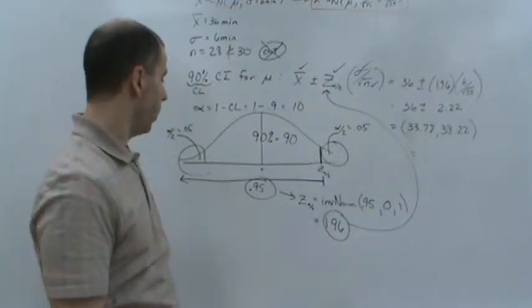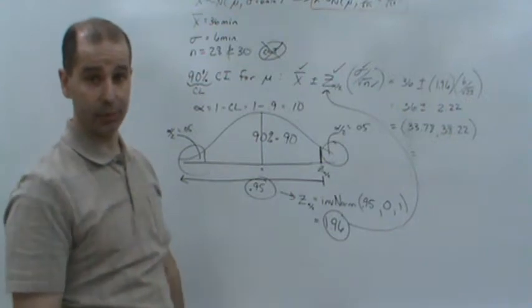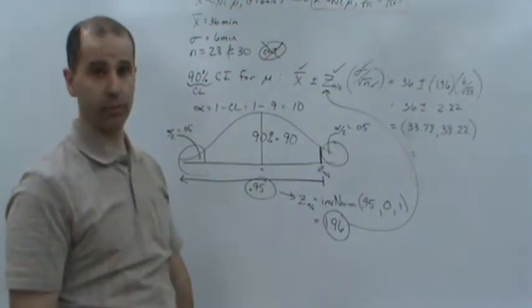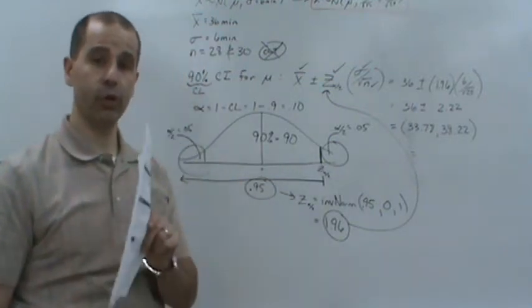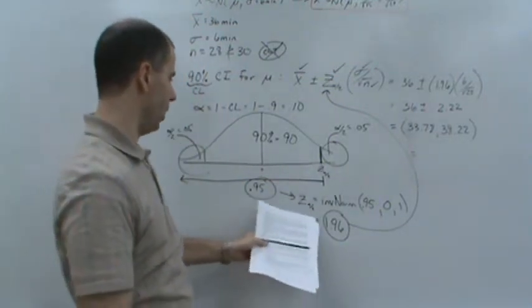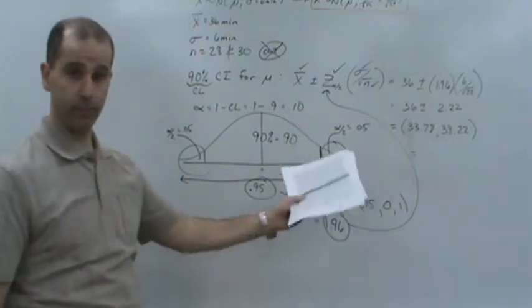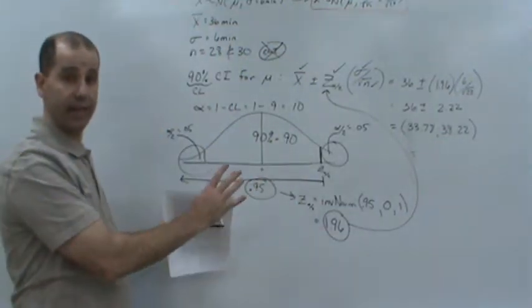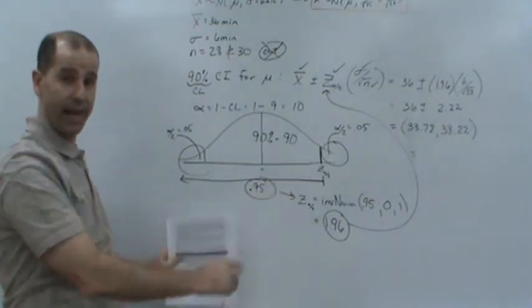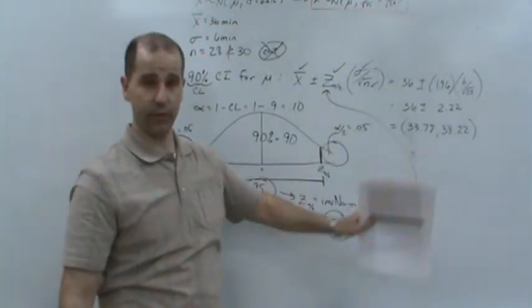Also the z-table. You can use your z-table to do that, but calculator is much easier. But there is a function on your calculator that will give you your confidence interval without having to do any of this. Okay. But again, I wanted to show you this because I want you to understand what's going on, the concepts behind constructing this confidence interval.